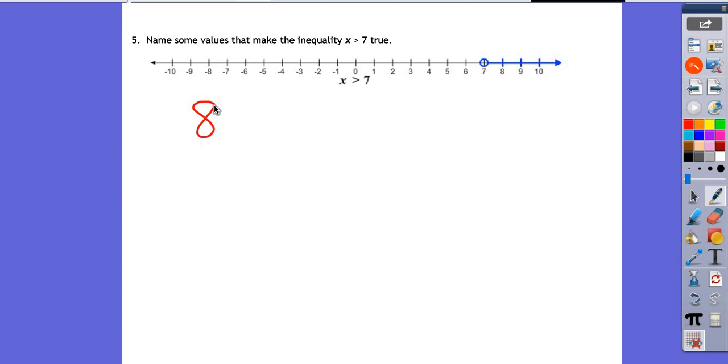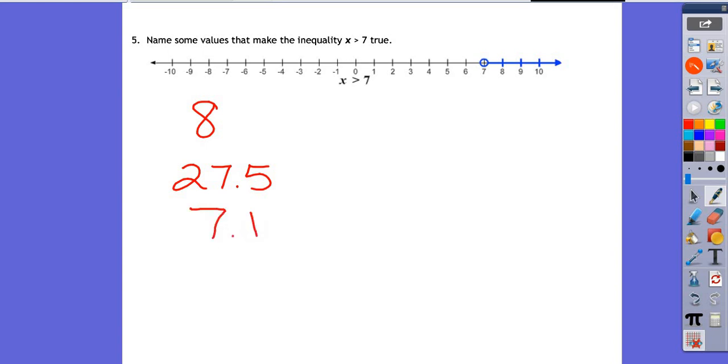Is it okay that 27.5 is not on my graph? Yes. Why is it okay? Because the arrow tells me it keeps going, and I know 27.5 is greater than 7. You had 7.1, Brady? Is 7.1 greater than 7? Yes.